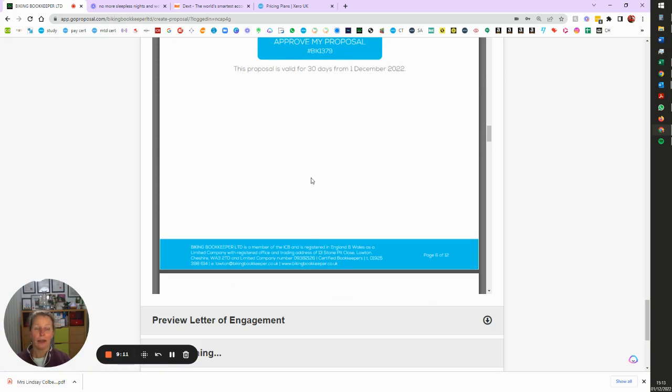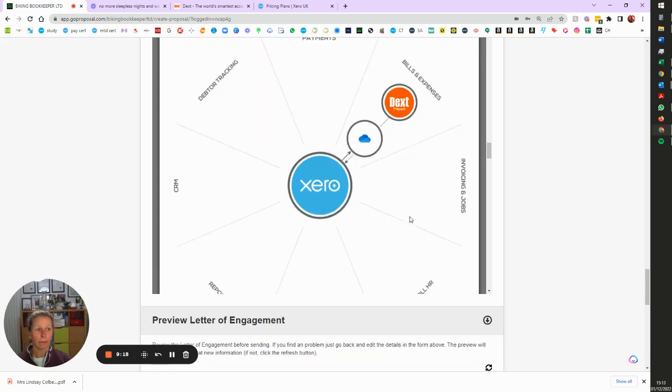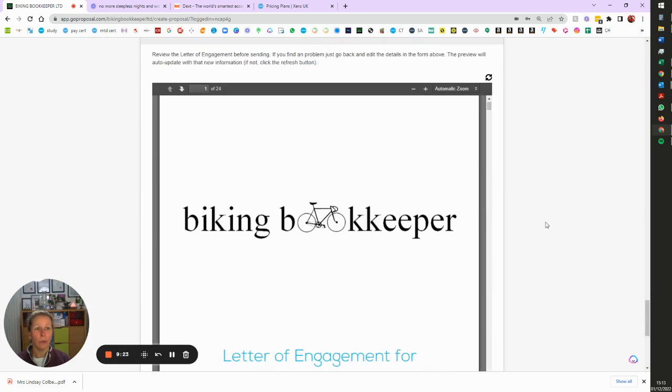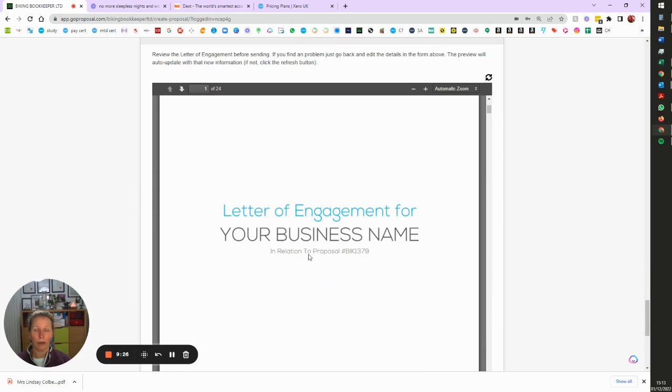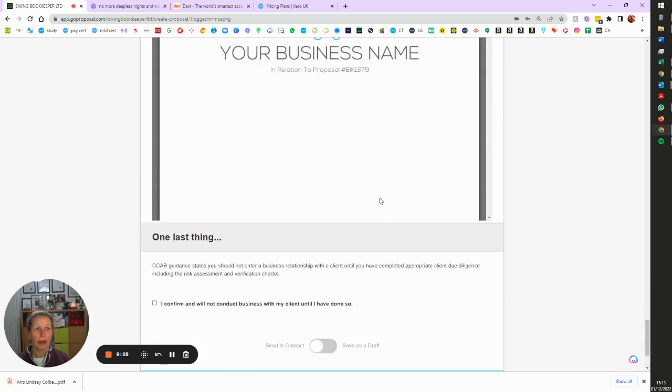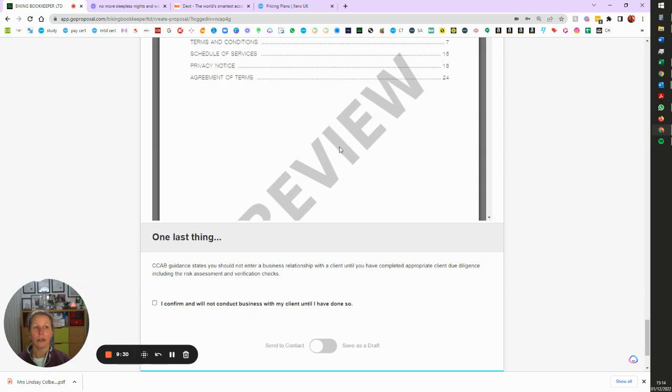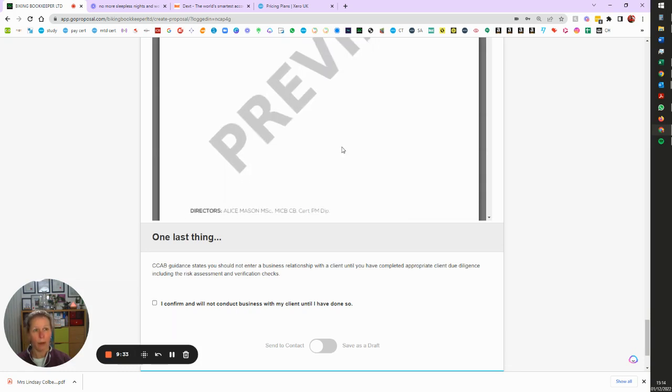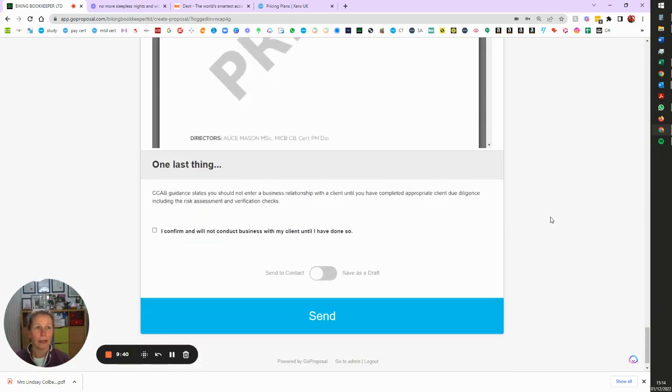Once you're happy with the price, you accept the proposal and the engagement letter, which lists the software we're working with, and you will have all the paperwork available to yourselves. It then talks about our insurance and our certifications, etc. So that's how it works. It comes straight to your email, and this contract can always be tweaked. We can always add or deduct services to suit you.